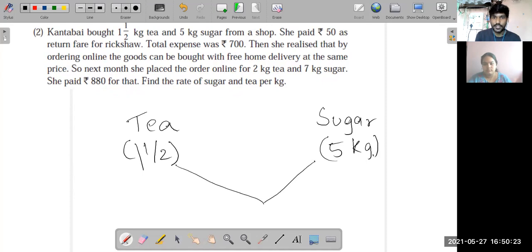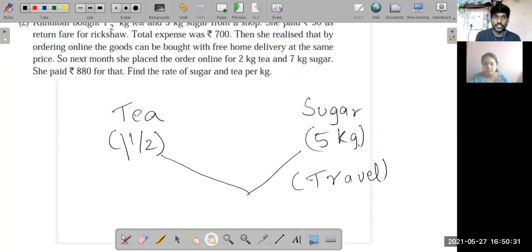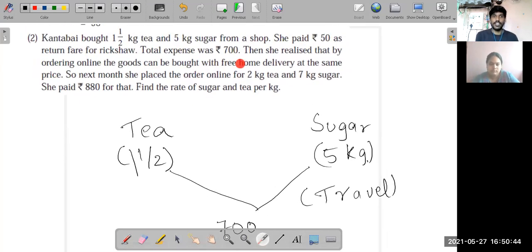For this, along with her travel expense, she paid 700. Understood the first transaction? Yes. Okay. Next, it is said in the same question that if she would have ordered this online, there would be no delivery charge for her.